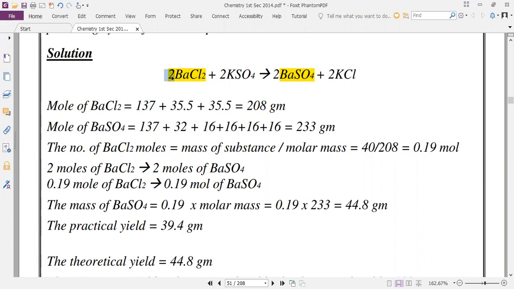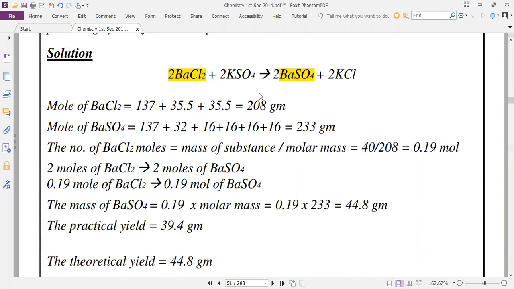Equal to 2 moles, right? Yes. What about the number of moles of barium sulfate? 2 moles.